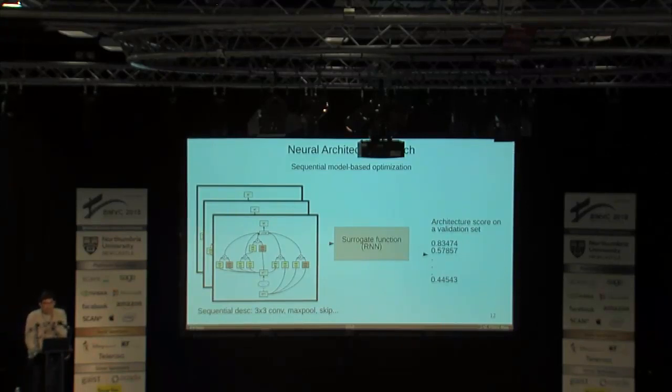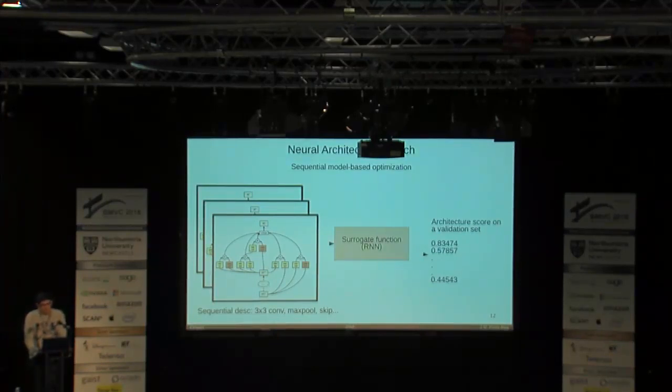At the core of the progressive neural architecture search, you find an optimization approach which is commonly known as sequential model-based optimization. In this method, you have a surrogate function that you use to try to predict the score on a validation data set.